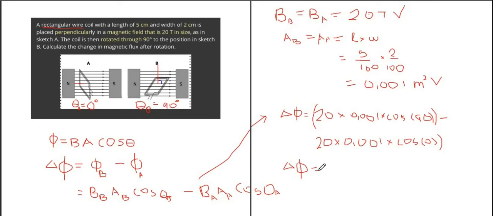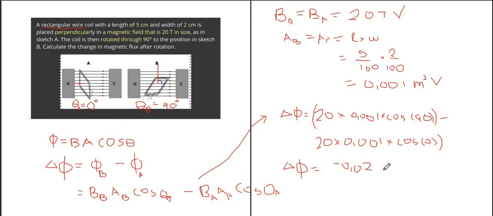If you put this in your calculator, remember cos of 90 is 0, so this whole first expression is just equal to 0, and then you'll have a negative of 20 multiplied by 0.001, which gives a negative 0.02.